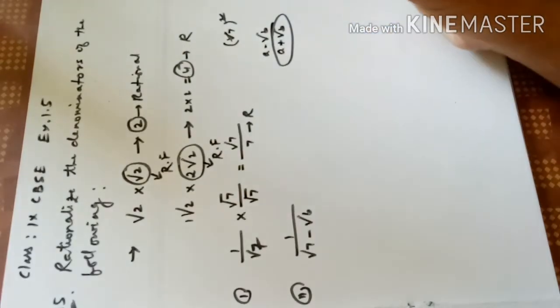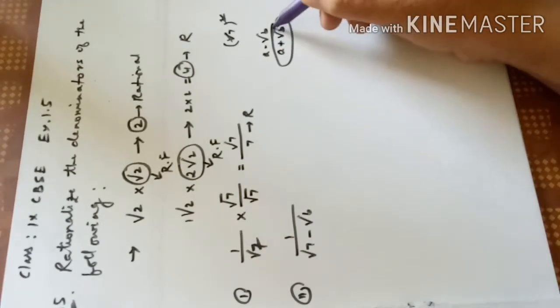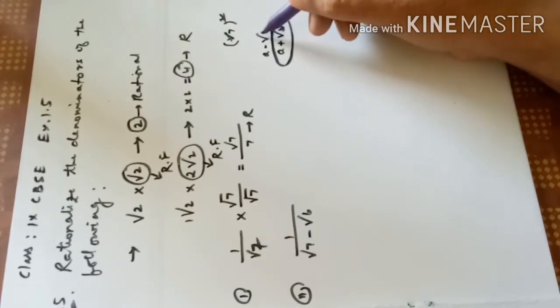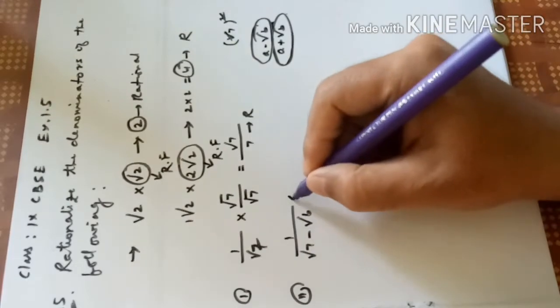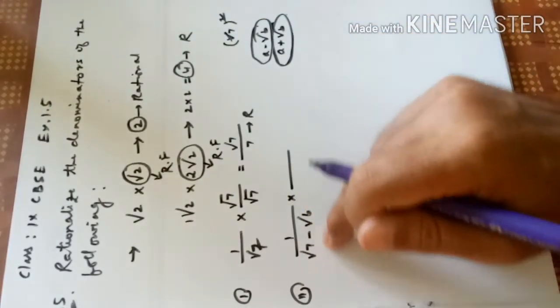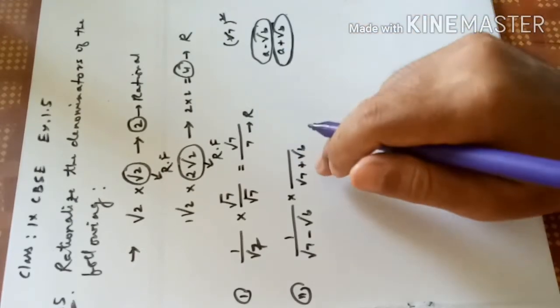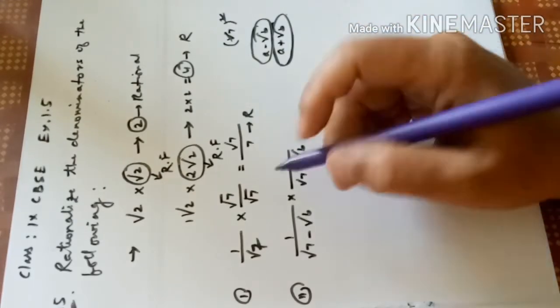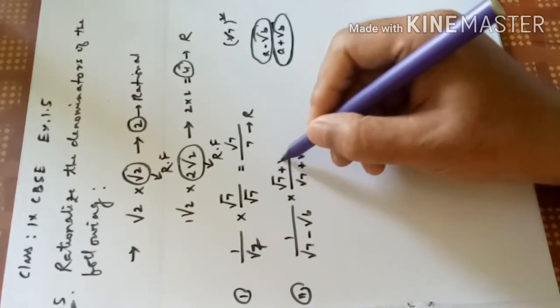When a binomial comes, you should multiply by the same numbers but with the different sign. This is called the conjugate of the other number. So you should multiply by the conjugate. Now tell me, what is the conjugate of this number? Root 7 plus root 6. Multiply the denominator by this, and the numerator also by the same number, root 7 plus root 6.